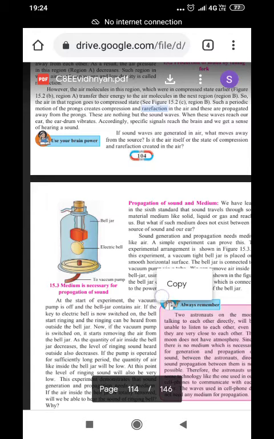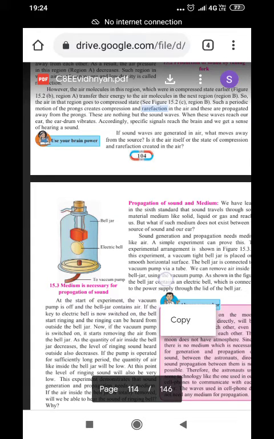However, the air molecules in the region which was in compressed state earlier, in figure 15.2 region A, transfer the energy to the air molecules in the next region B. So the air in that region goes to compressed state.